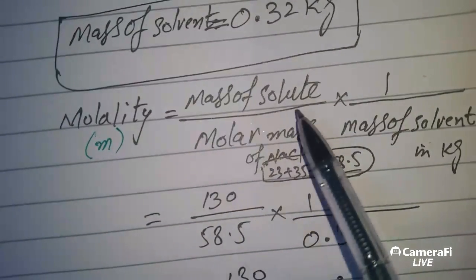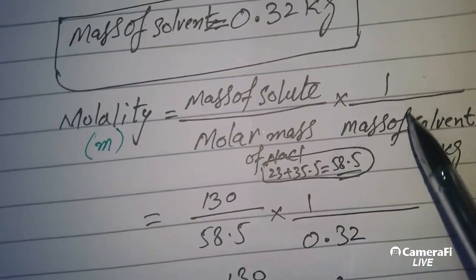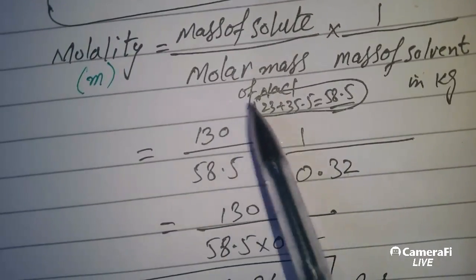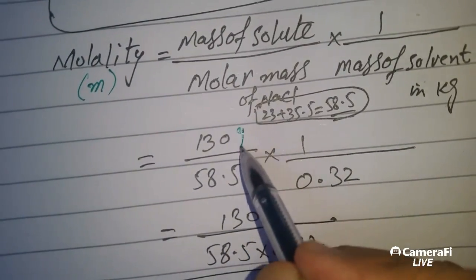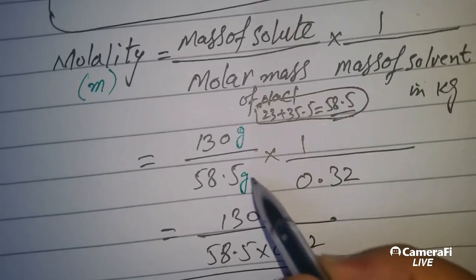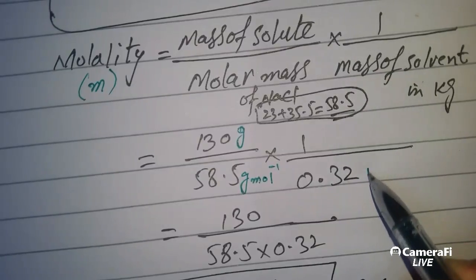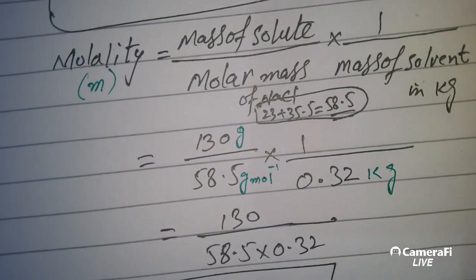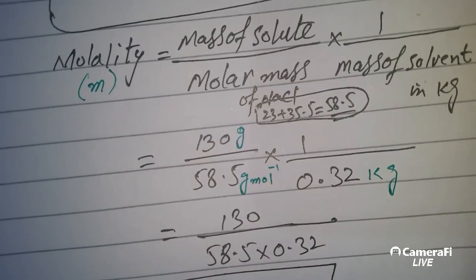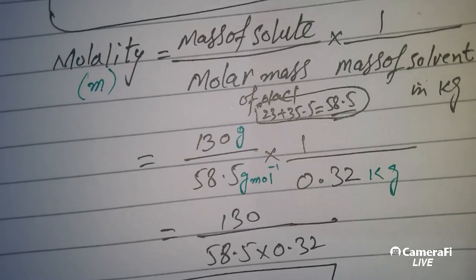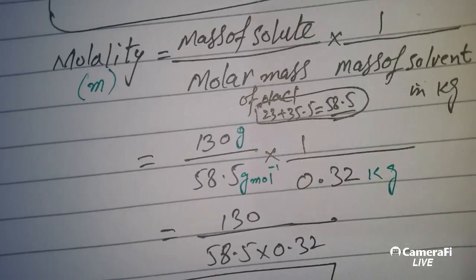Molality is mass of solute over molar mass of solute multiplied by 1 over mass of solvent in kilograms. So mass of solute is 130 grams, molar mass 58.5 grams per mole, and here we have kg, and we can just find the molality, which is equal to mole per kg.